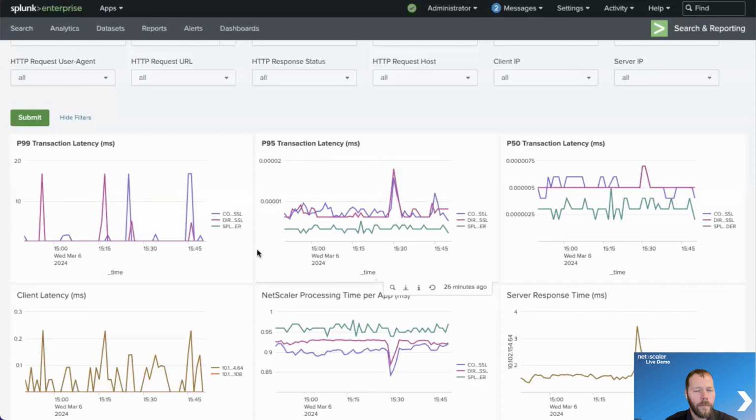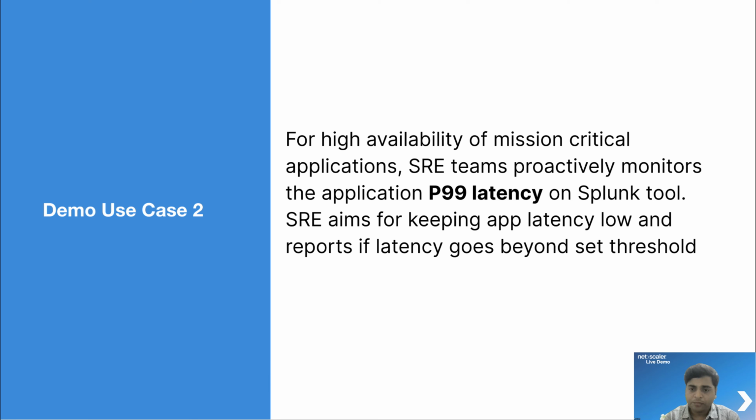So definitely, if you are also looking for similar telemetry from the NetScaler, I would request you to take a look at the sample dashboard which is available in the download section. I will also be sharing the resources for this deployment. You will be able to get all the resources, and please give it a try and let us know how it is benefiting you. Moving on.